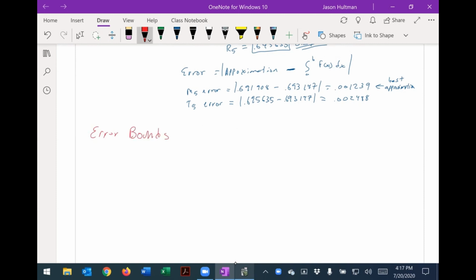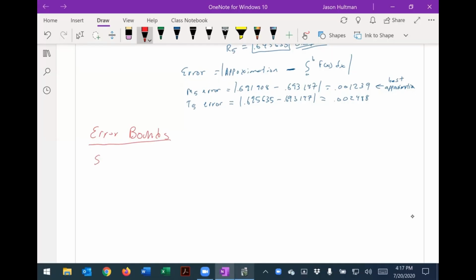I'm going to stop my share and then reshare because it's lagging for me. Let me go back to my screen share. Okay, that's much better.